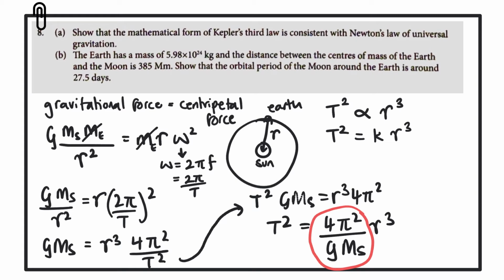So everything there circled in red is a constant. So we have shown that Newton's law of universal gravitation is consistent with Kepler's third law, because we have shown that t squared is equal to some constant multiplied by r cubed.